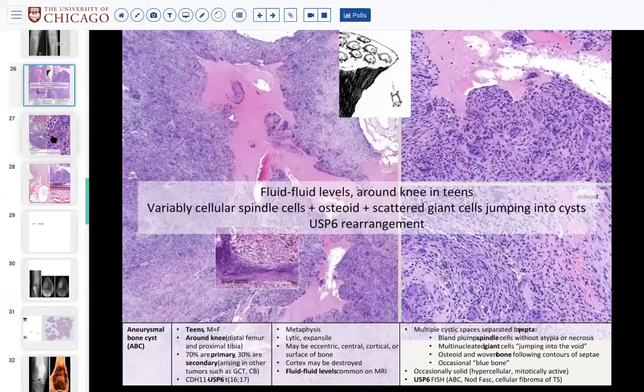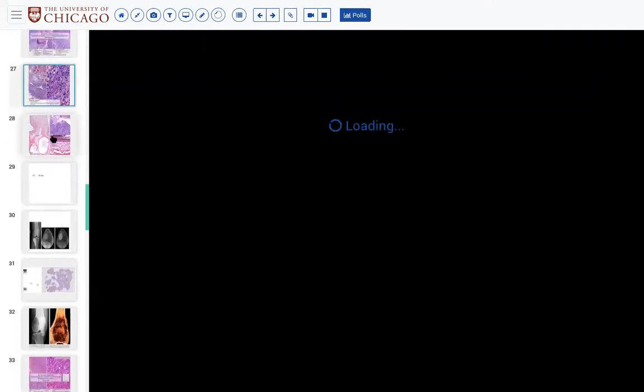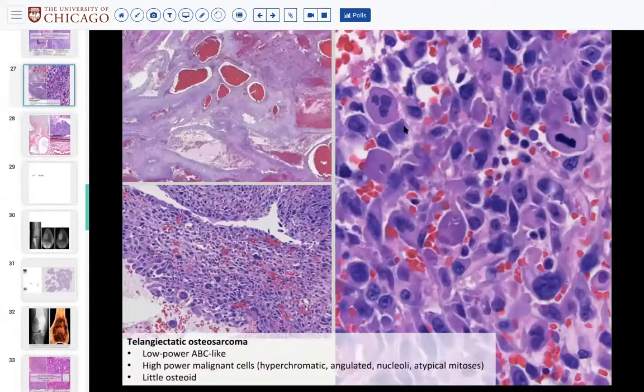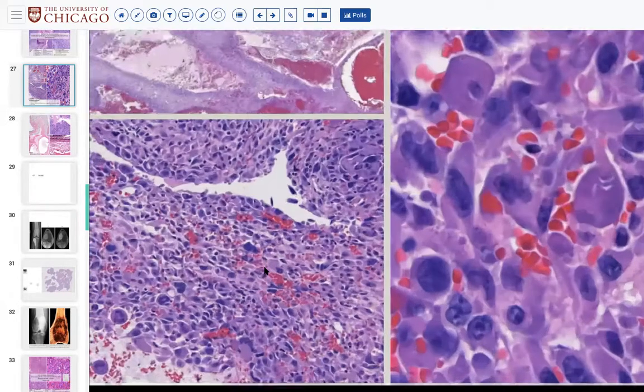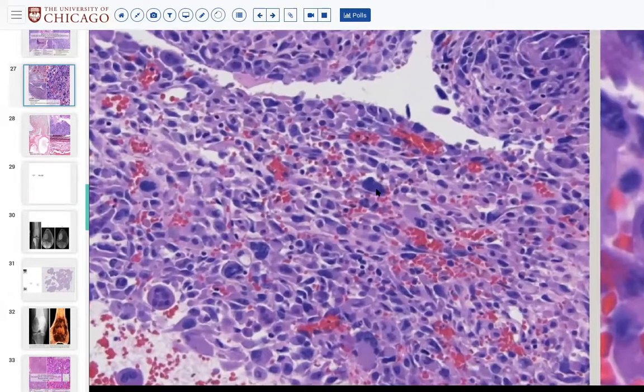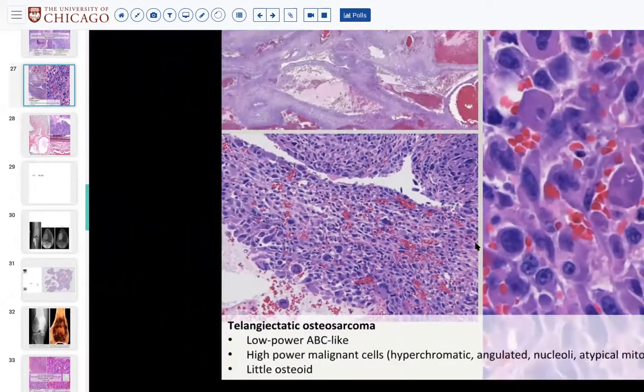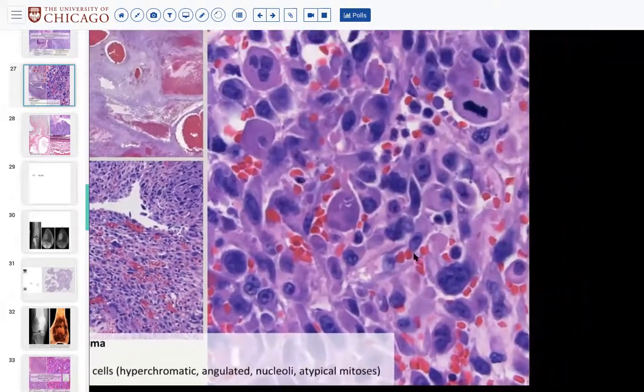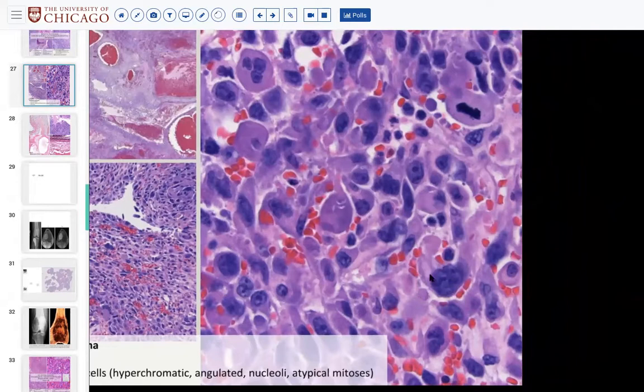But that's ABC. One thing I will point out is, in a young person with cystic bone, what are your differentials? So one of the things you may want to consider is a telangiectatic osteosarcoma, which can also present in a young person with cysts, with fluid levels. But, again, looking beyond, you should see significant hyperchromasia, enlargement, atypia in the walls of these cysts, not just those nice storiform spindle cells.